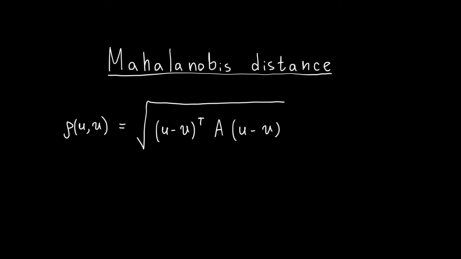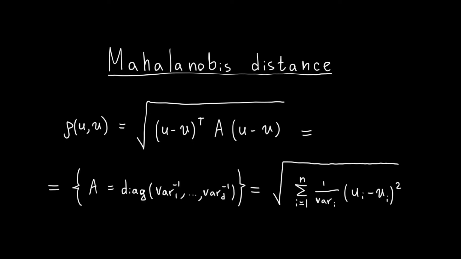Let's experiment more. Now we will denote A as inverse matrix of features variances. This means A will have inverse variances of individual features on its diagonal and zeros elsewhere. At this time Mahalanobis distance computes Euclidean distance with coefficients of differences in features proportional to their variances.